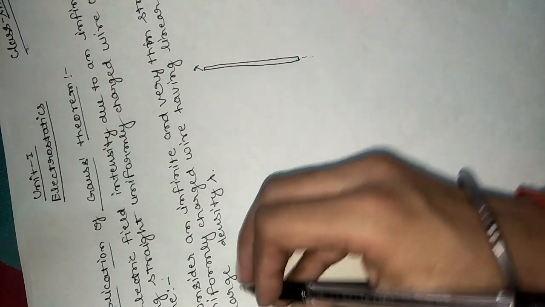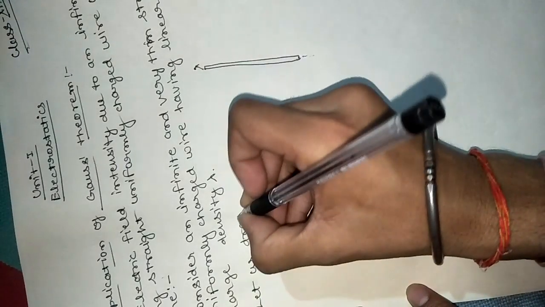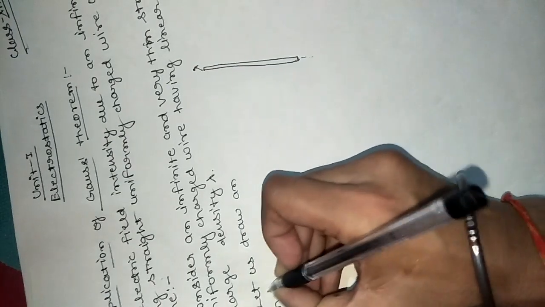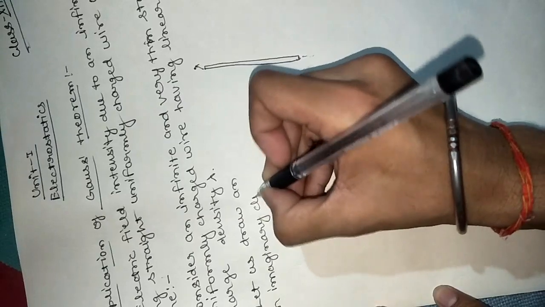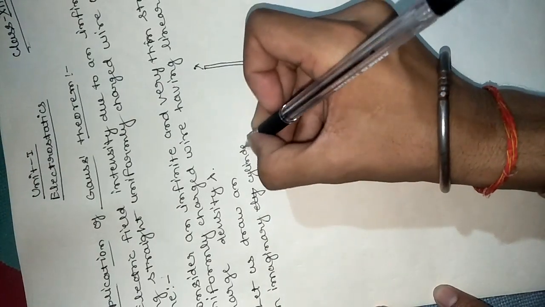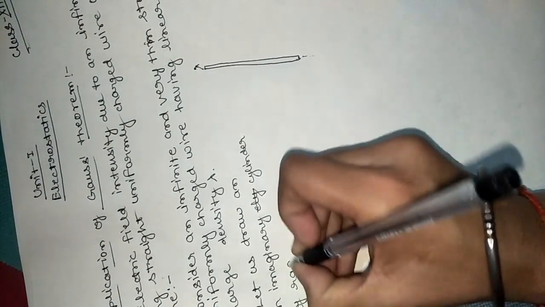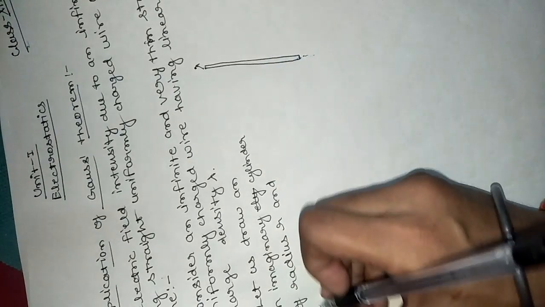Now what are we going to do? Let us draw an imaginary cylinder of radius small r and length small l.